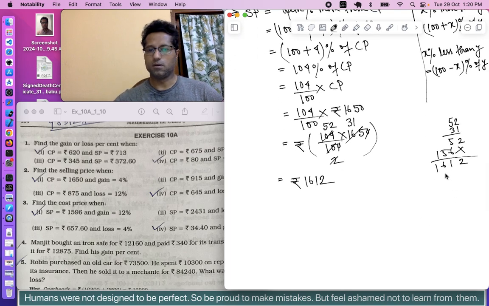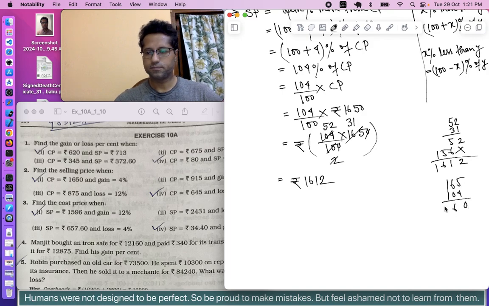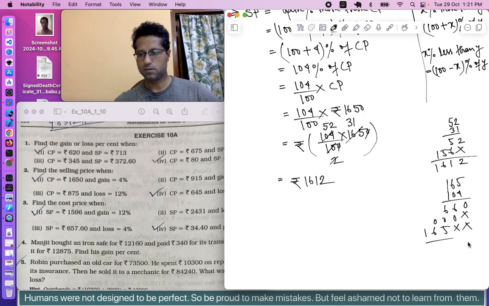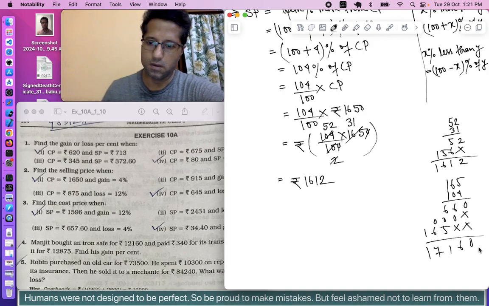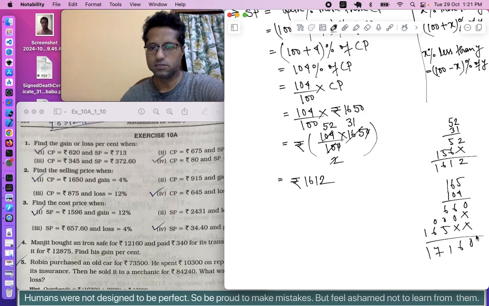How much is 165 multiplied by 104? That comes to 17160.